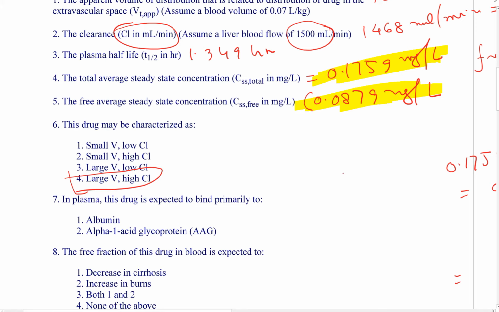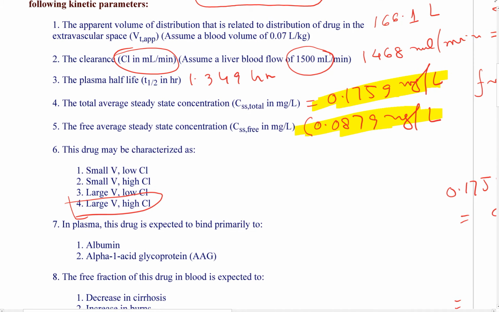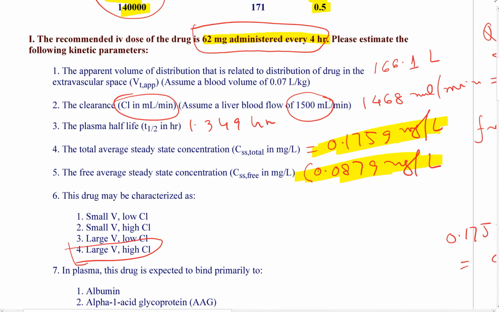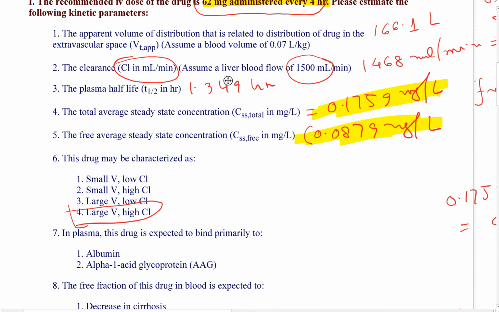And large volume of distribution. If you look at the fraction unbound, it is 0.5. So fraction unbound is 0.5 and the remaining is distributed all over the body. So it is large V high CL.